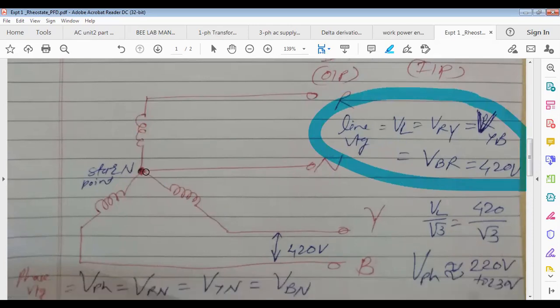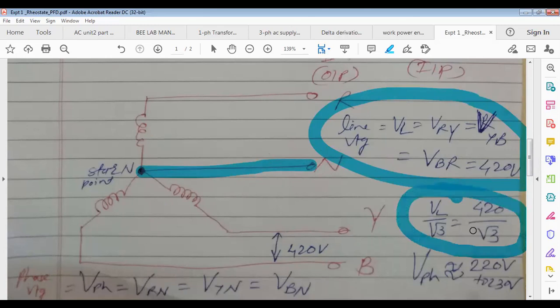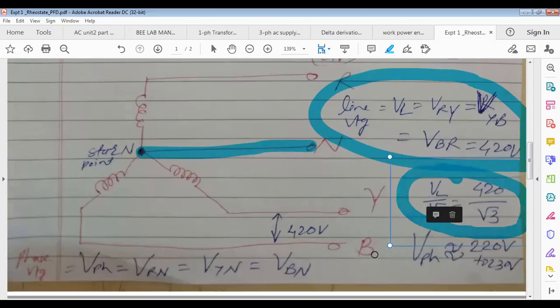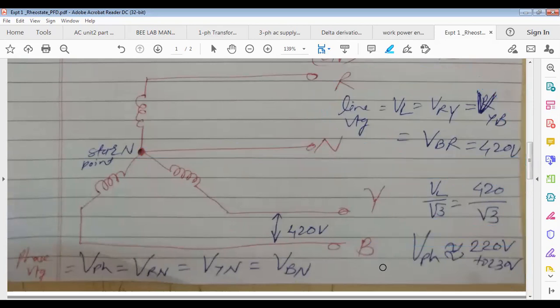So for such a connection, when you tap the neutral, the voltage across R to neutral, Y to neutral and B to neutral is 420 divided by √3, a single phase AC voltage of 220 to 240 volt. So if you want 3-phase AC voltage, you use R, Y, B, neutral, a 3-phase 4-wire AC supply. That is R to Y, Y to B, B to R, 420 volt you will get.